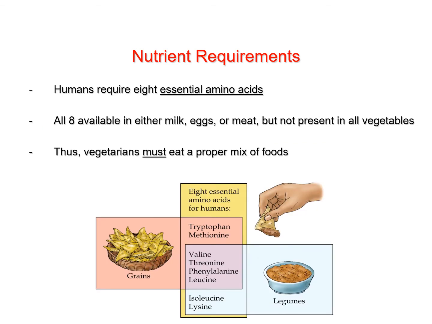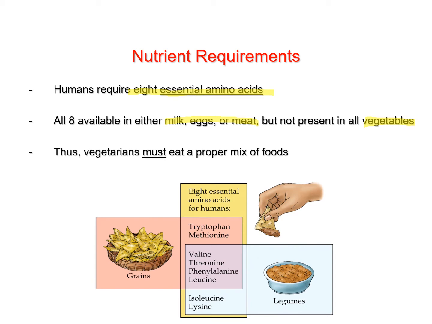So as I said, humans require 8 essential amino acids in their diet. All 8 are available in animal-derived protein sources like milk, eggs, and meat. It is possible to get those 8 from vegetables, but no single vegetable contains all 8.